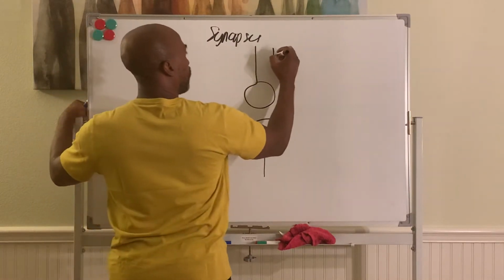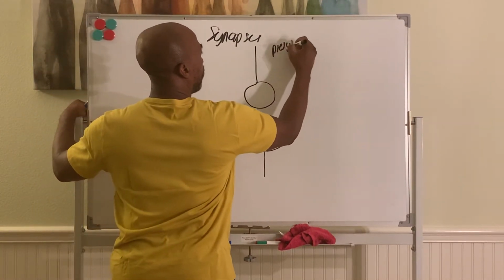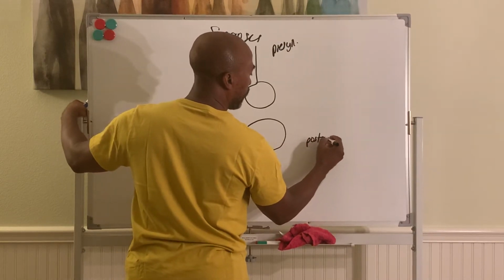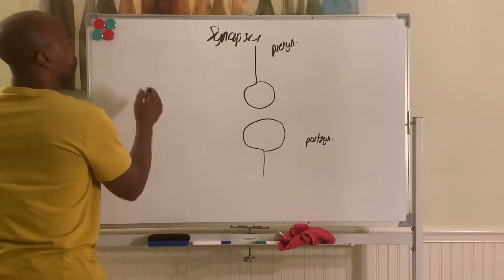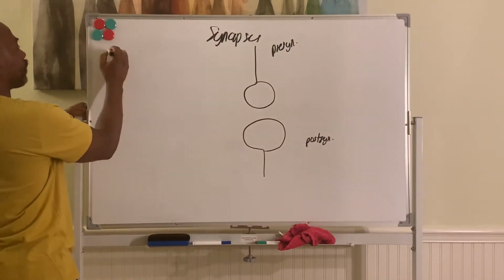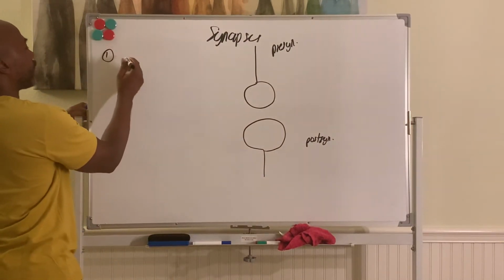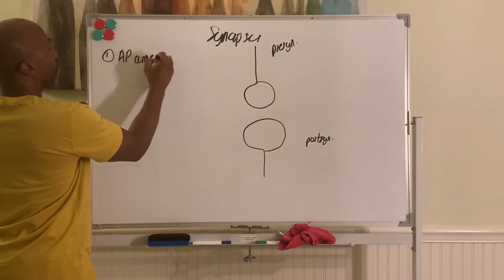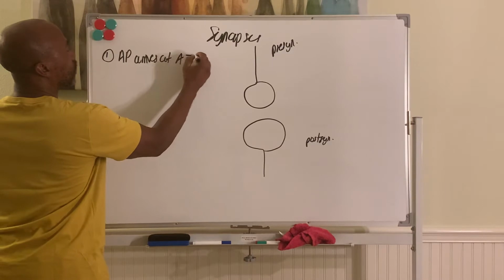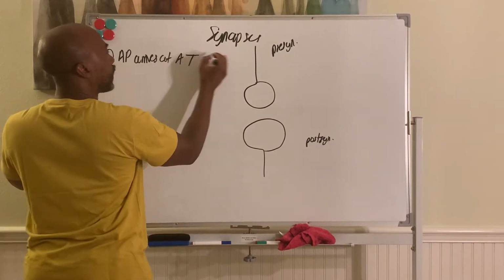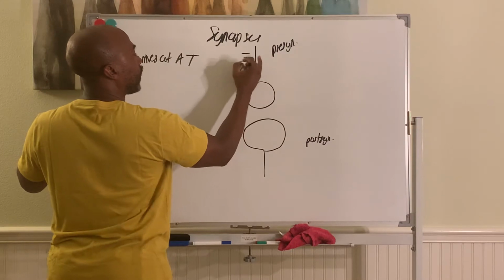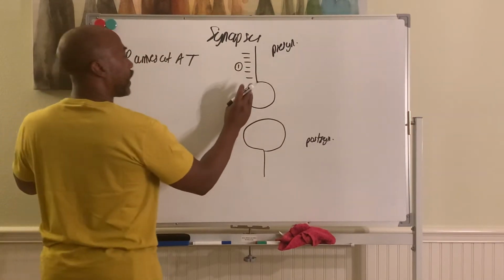Here's the presynaptic neuron, and this is your postsynaptic neuron. In this synapse, step one is the action potential arrives at the axon terminal. Come on down to the axon terminal. That's step one.